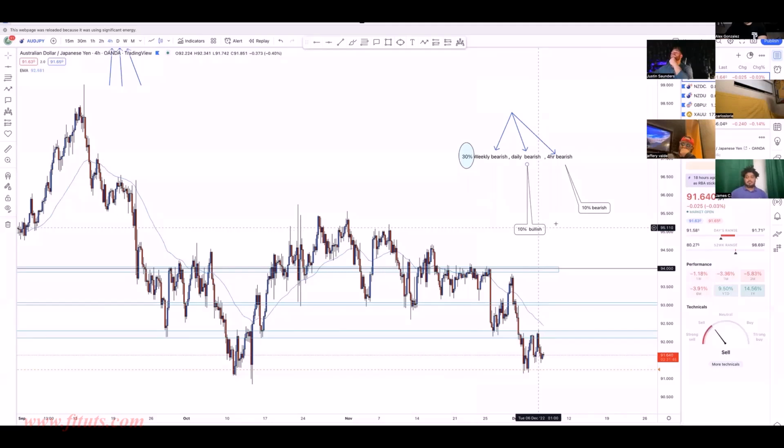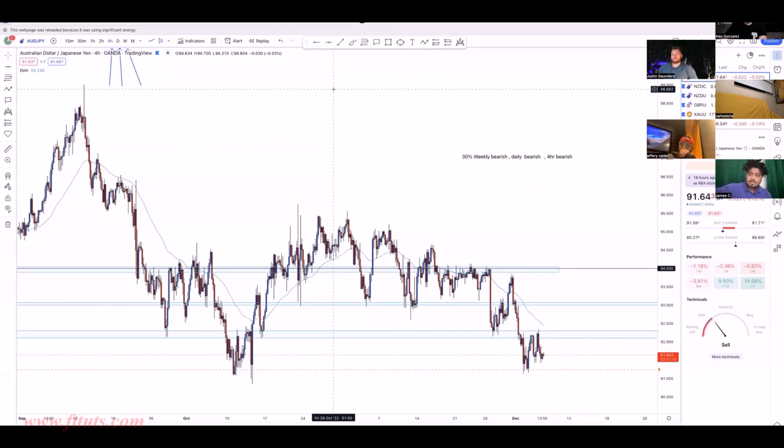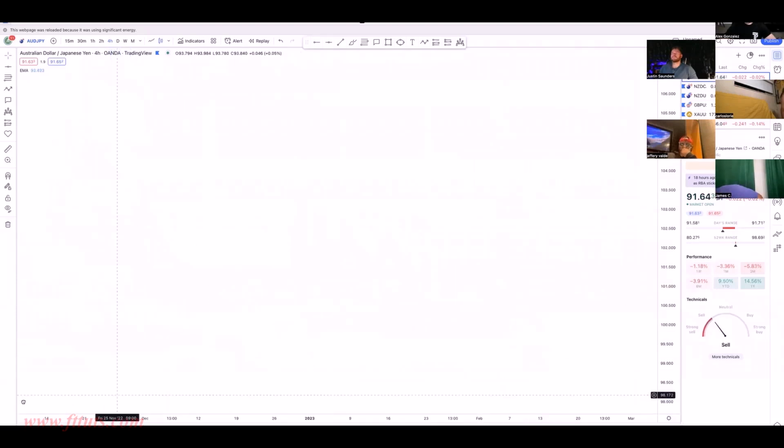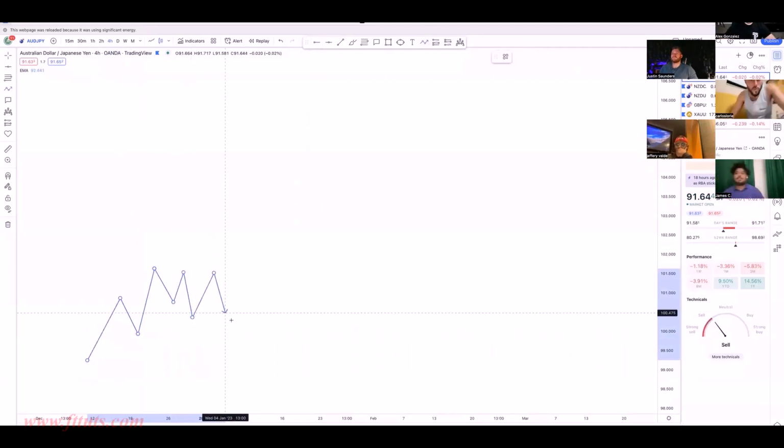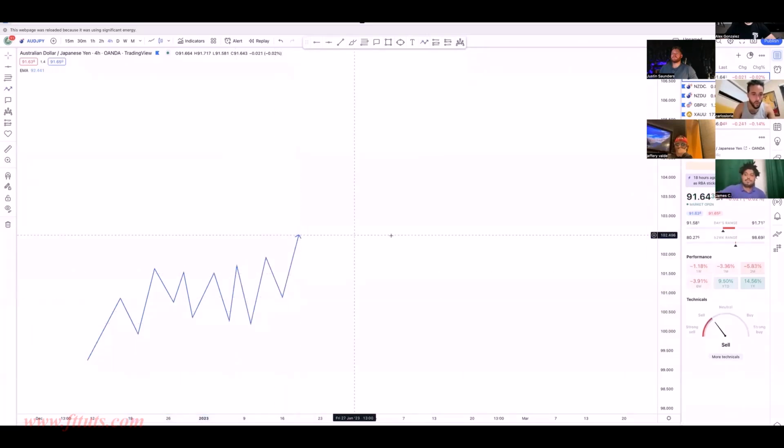But before we get into the next step, we're going to spend all of today on how to properly mark off market structure. So is this time frame right now bullish or bearish, or is it consolidation?